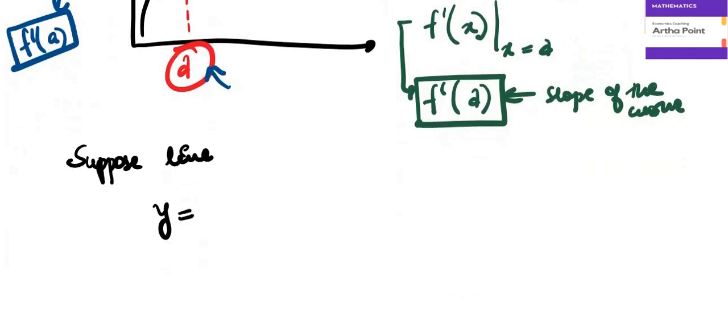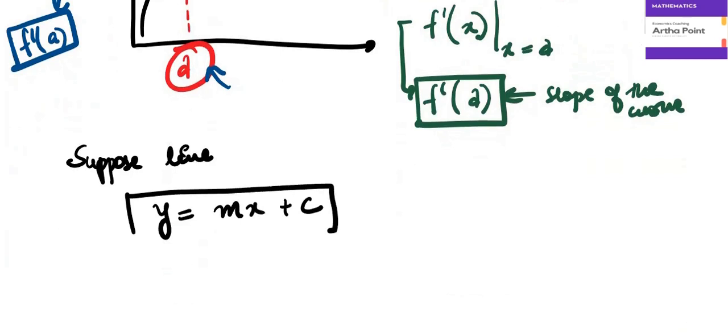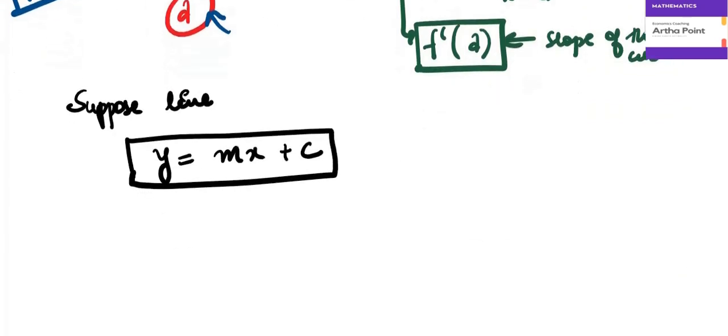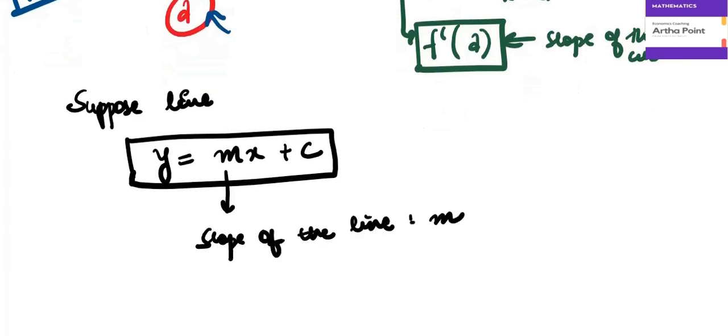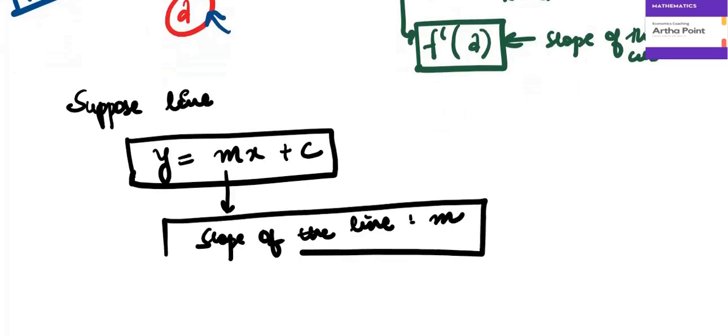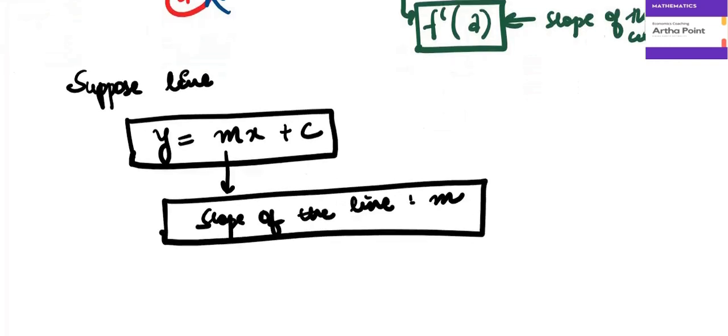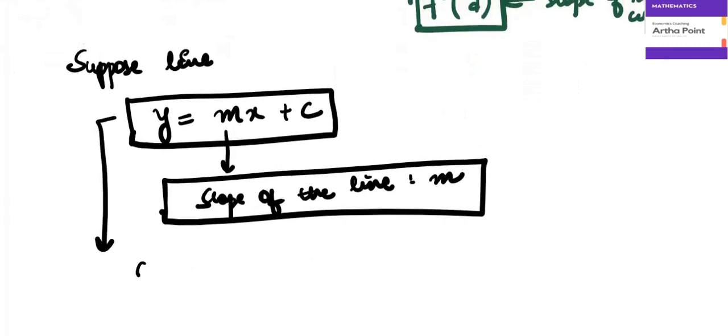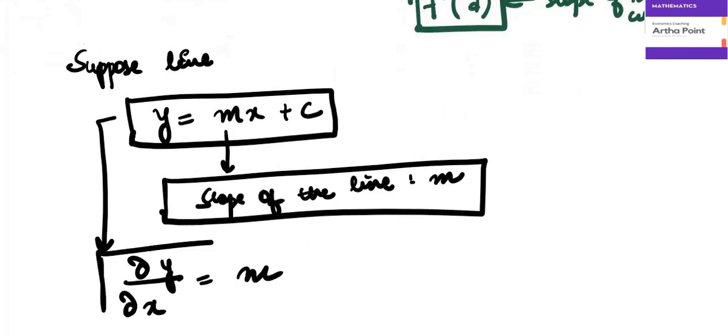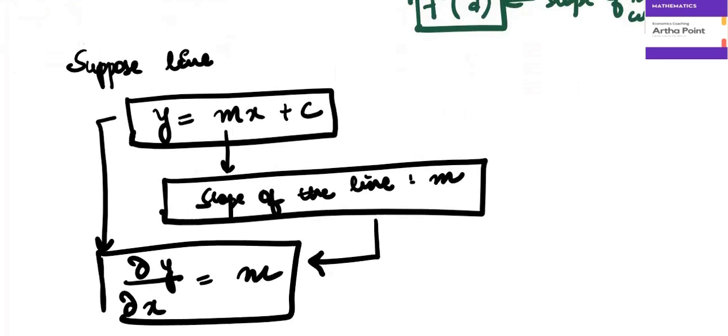The line is y is equal to mx plus c. Now we know that for this line, the slope of the line is m. How do I know that the slope of the line is m? Well, it's simple. I differentiate my function with respect to x, and when I differentiate it, I get m. So the slope of my line becomes m.